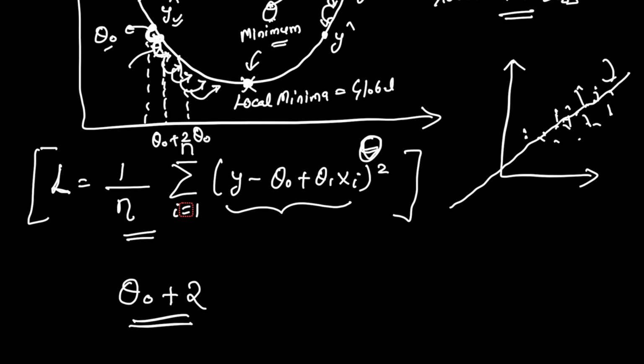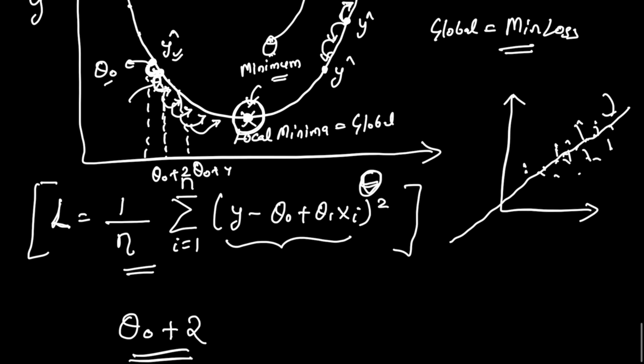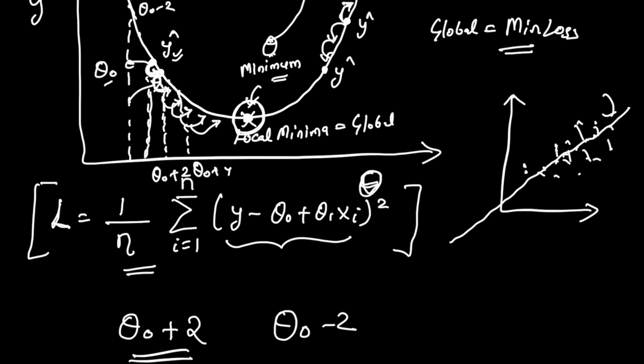So that basically means at this particular point, adding some value will move us towards the minima, right? So if I subtract, theta naught minus 2 would be something here, that means a higher loss. That means I shouldn't do minus, I actually should go plus.